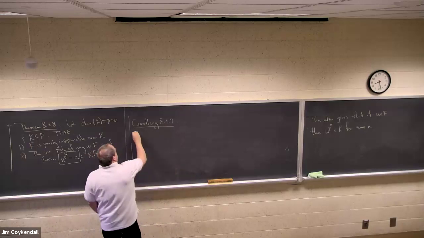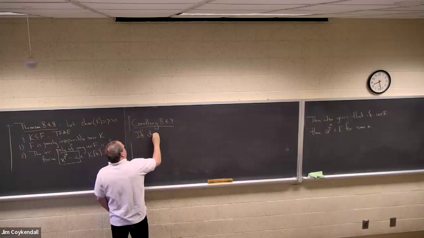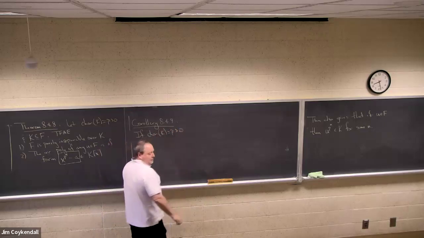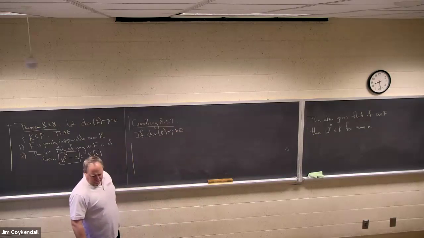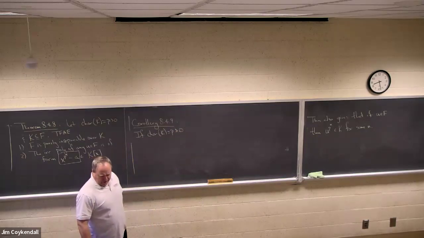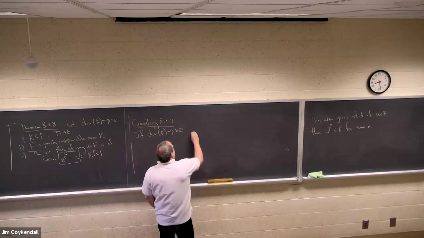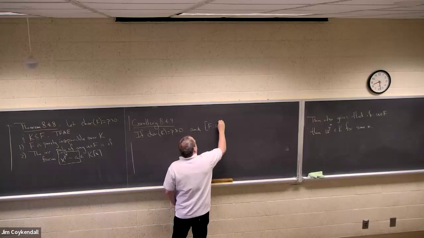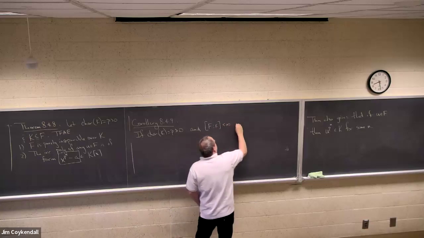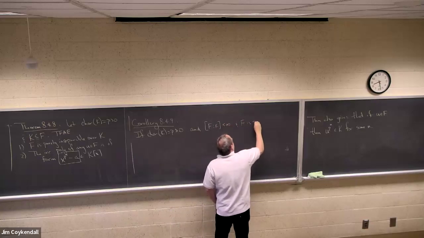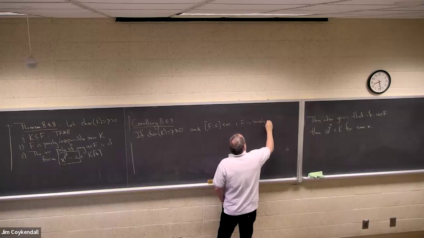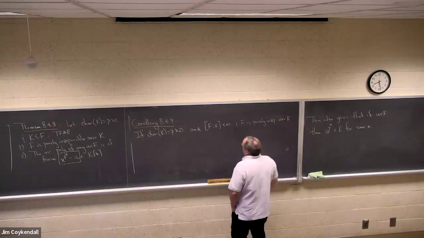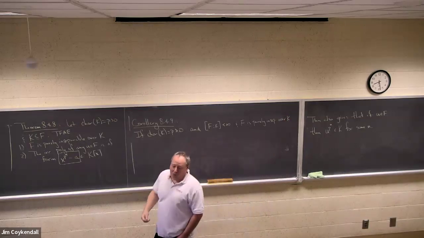If the characteristic of K is prime, and F is finite dimensional and purely inseparable, so these are two important things here.